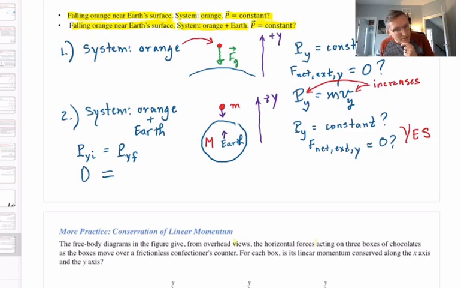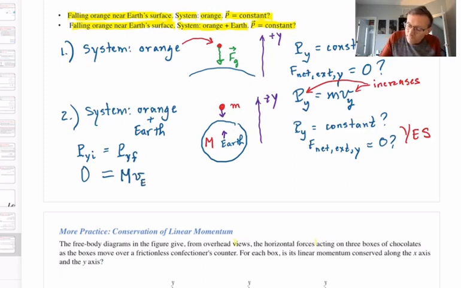Let's see how fast the Earth goes by forcing the total momentum to be 0. So in this final picture, let's write down expressions for the momentum of each of the parts, for the orange and for the Earth. Oh, let's do the Earth first. Well, momentum for anything is mass times velocity. So for the Earth, that'd be capital M, V sub E for Earth.